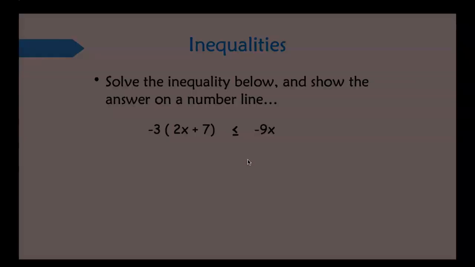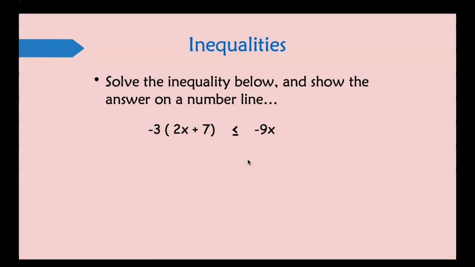Okay, so now I am going to show you an example of how to solve using the distributive law with brackets. I'm going to multiply -3 by 2x, which is -6x, then multiply the term outside the brackets by the term inside, 7. -3 multiplied by 7 is -21. Copy the same symbol, and then -9x.